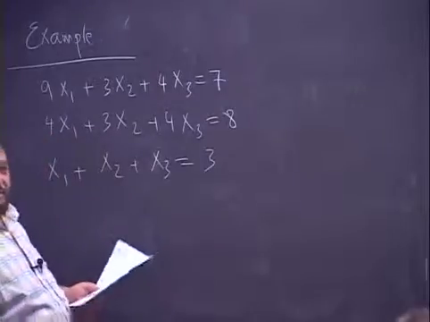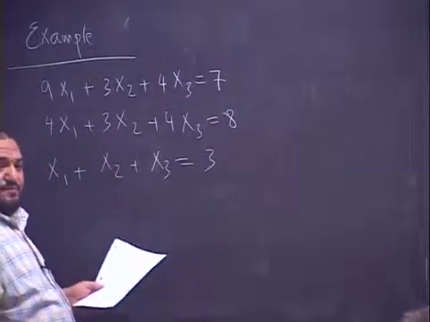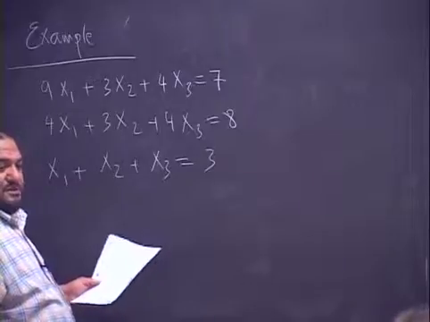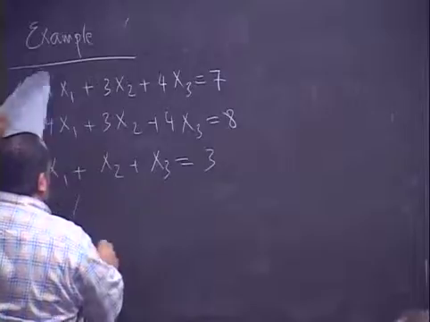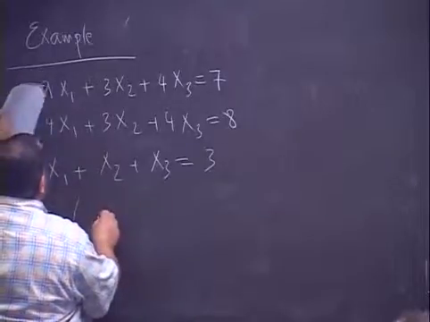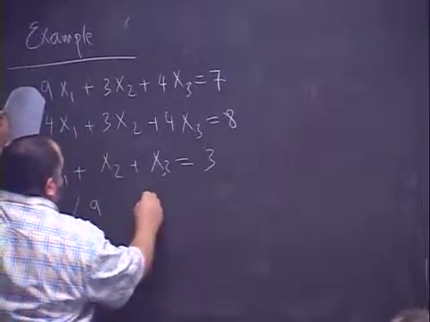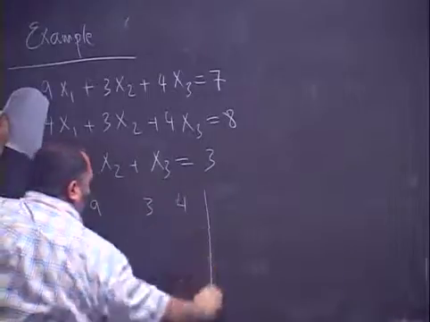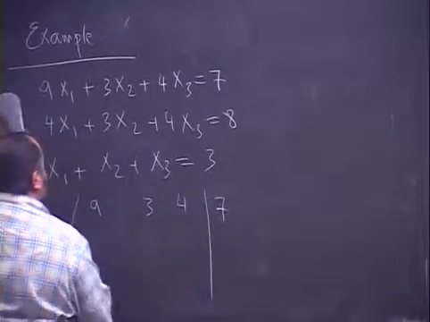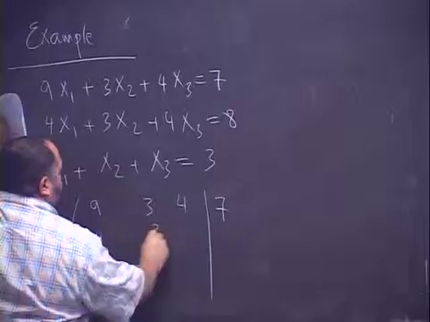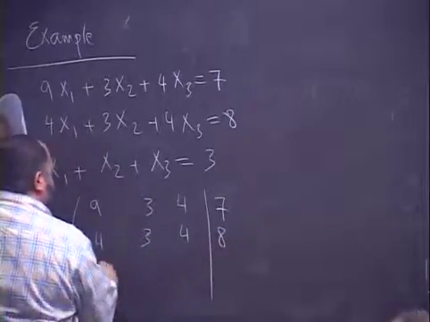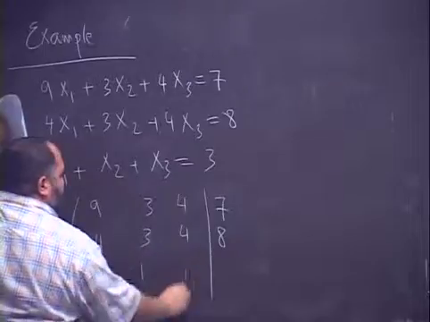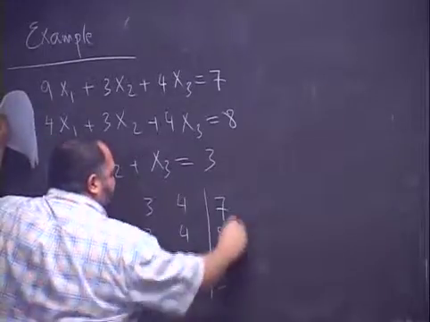So first thing, what do you think? What's the first step? The augmented matrix. What's the augmented matrix? 9, 3, 4, 7, then 4, 3, 4, 8, and then 1, 1, 1, and then 3.